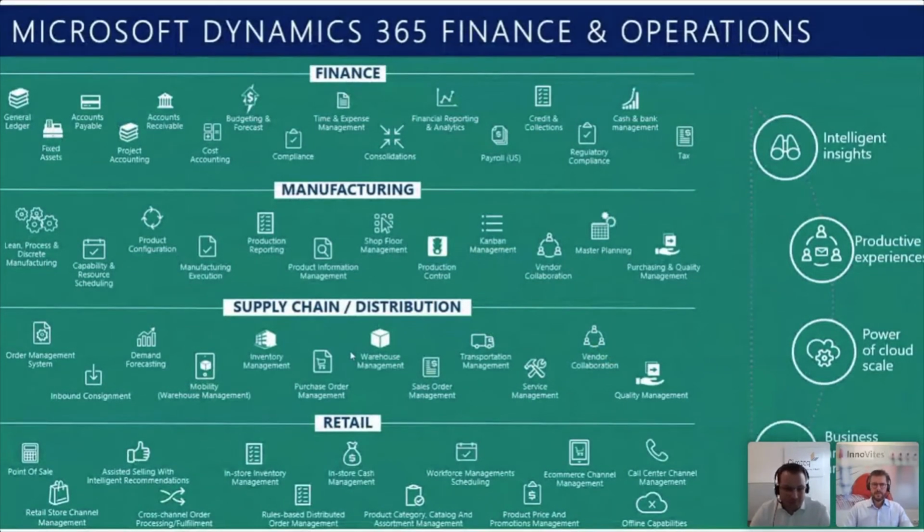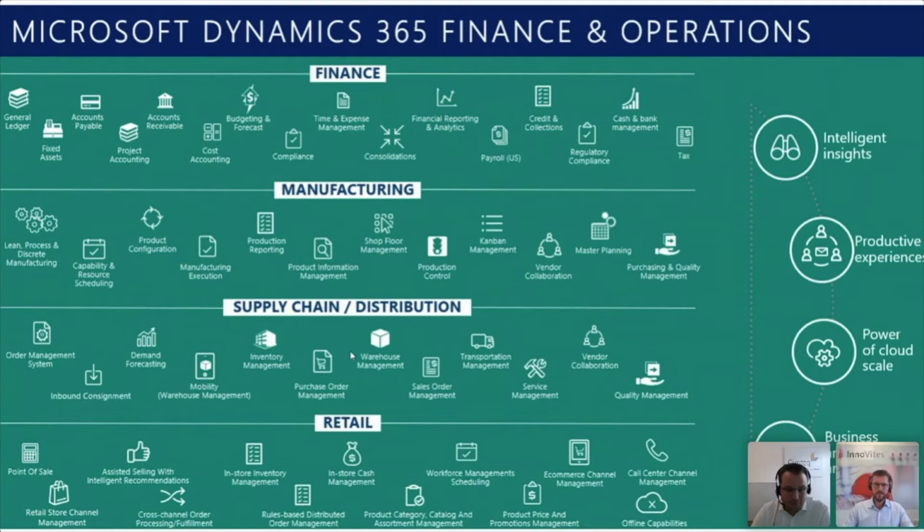Just one slide on Microsoft Dynamics 365. That's the foundation of Cable ERP. It's a complete ERP package that comes with all the features and functionalities that you expect from an ERP system, not only in finance, but also manufacturing and supply chain.